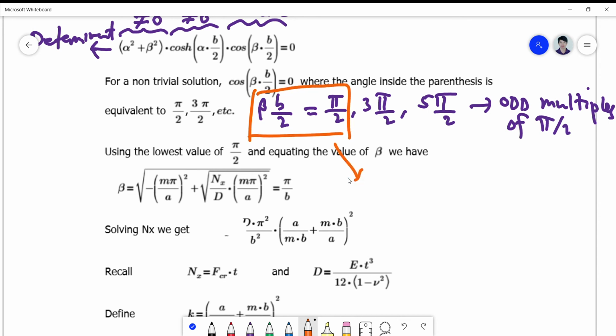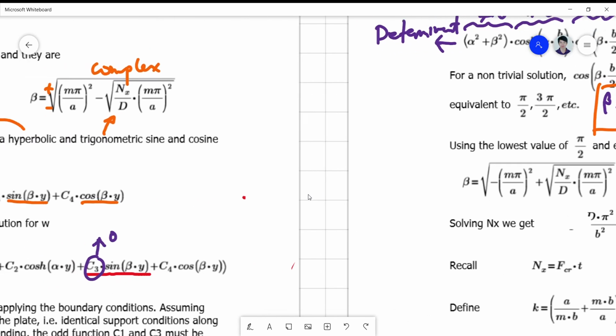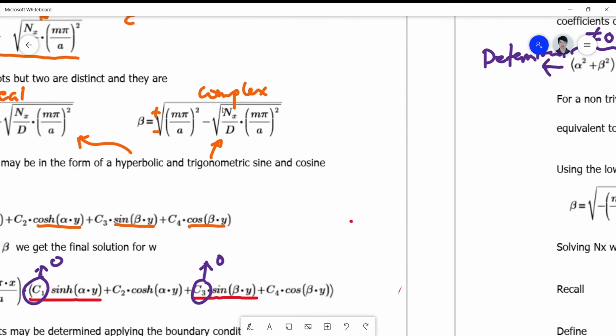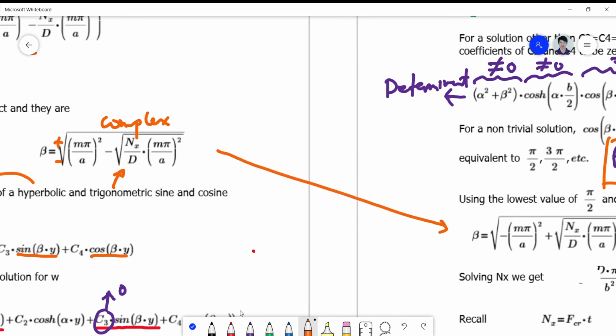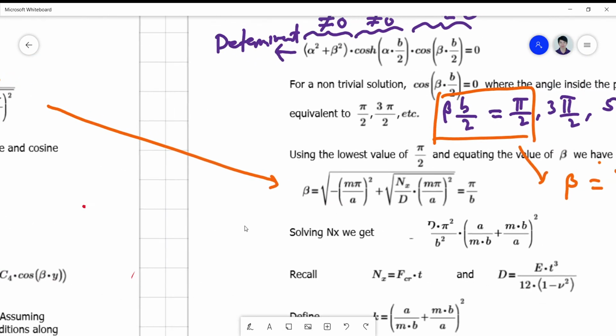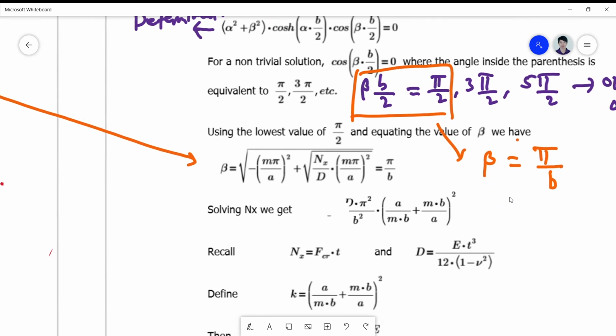We solve for beta simply to be equivalent to pi over b. And this pi over b now is simply this equation here as defined in your solution a while ago, this complex solution here. So we can now link this for us to be able to get our value of nx by simply cross multiplying.